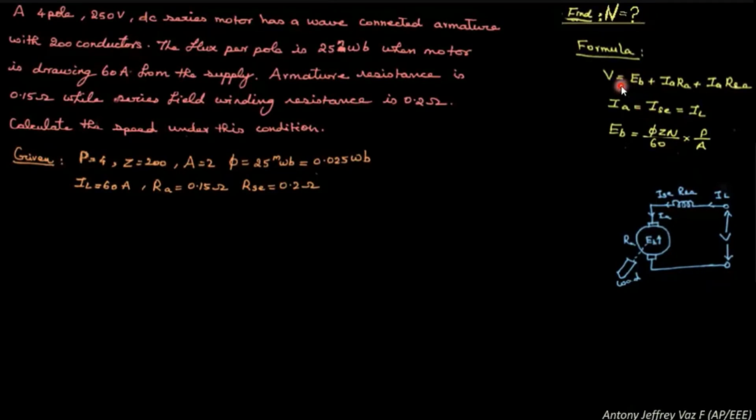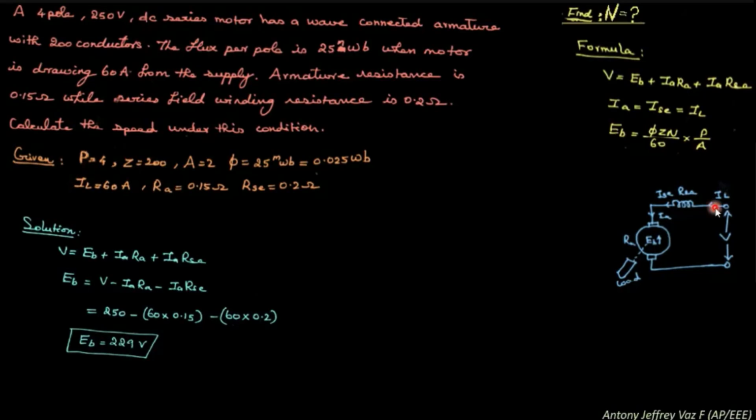So in the voltage equation, EB is the back EMF in the armature, IARA is the armature drop, IARSE is the series field resistance drop. So you can substitute all the values. V is equal to EB plus IARA plus IARSE, so EB is equal to V minus IARA minus IARSE. Substitute all the values, everything is given. You will get back EMF as 220 volt.